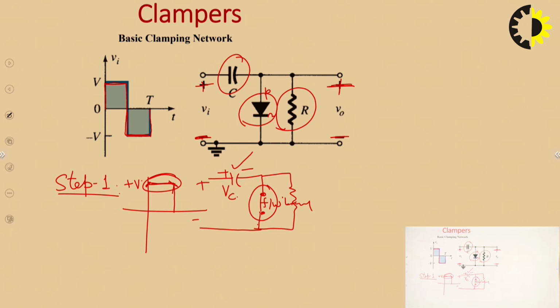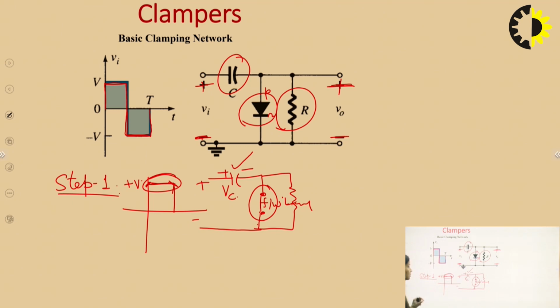Now we will go to the next portion. Here, for the next negative cycle, this diode will get reverse biased. No way. I told you in step 1, we have to calculate first VC and then calculate the output voltage VO.